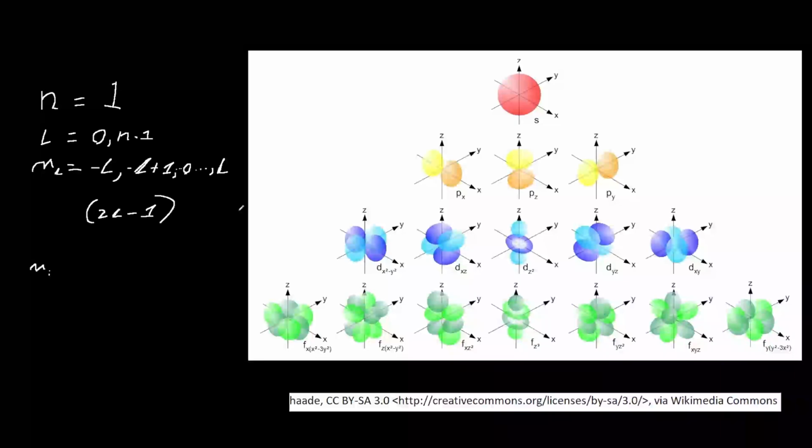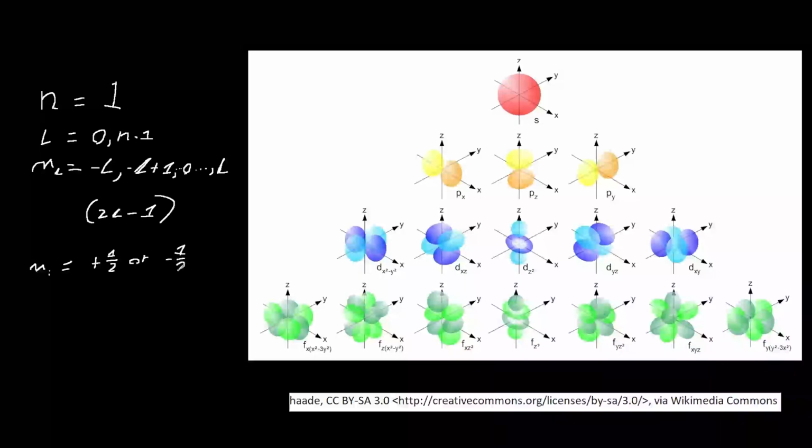And then the last one we have is MS. So this is the magnetic spin quantum number. So ML right here, at this point, we can already talk about a specific orbital. But if we want to talk about the specific electron, then all we have to do here is take MS. And this can be either plus 1/2 or negative 1/2, right?